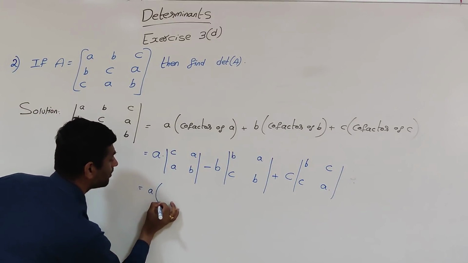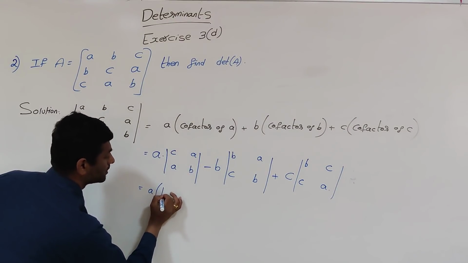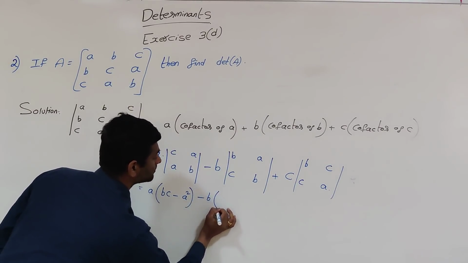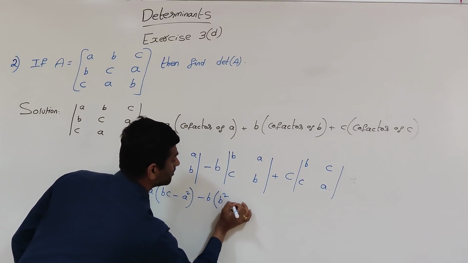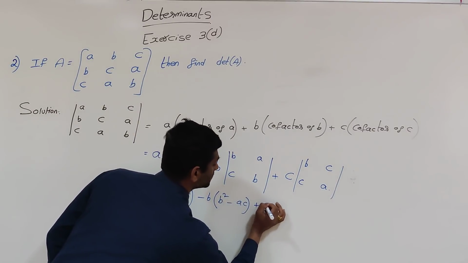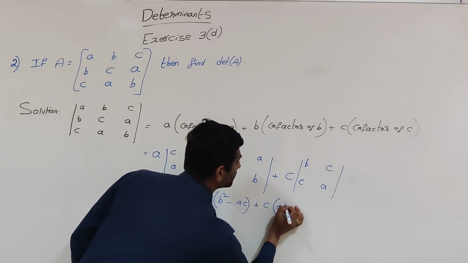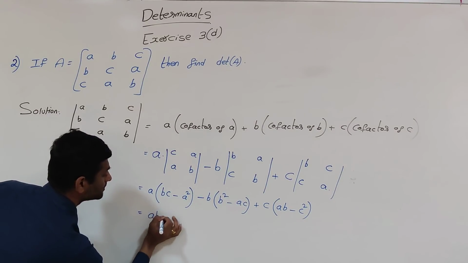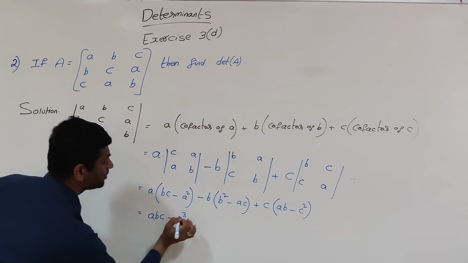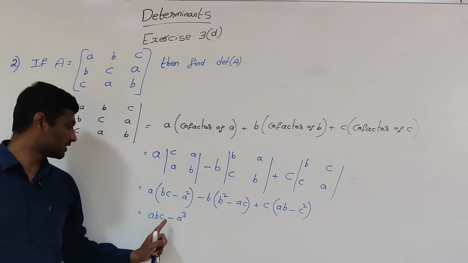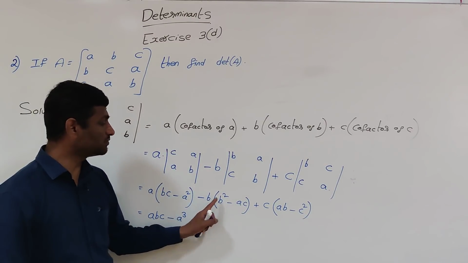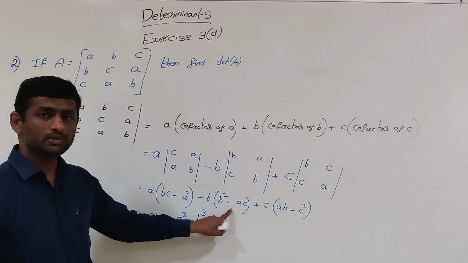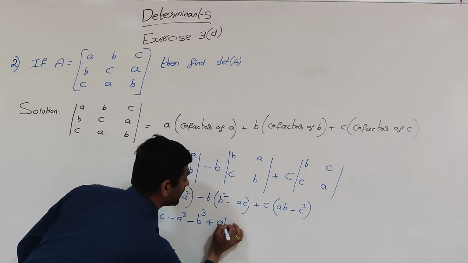So A times the determinant of the 2 by 2 matrix, BC minus A square, minus B times B square minus AC, plus C into AB minus C square, which is ABC minus A cube, because A into A square is A cube. Next, minus B into B square minus AC gives minus B cube, and minus into minus becomes plus, so it will be ABC.